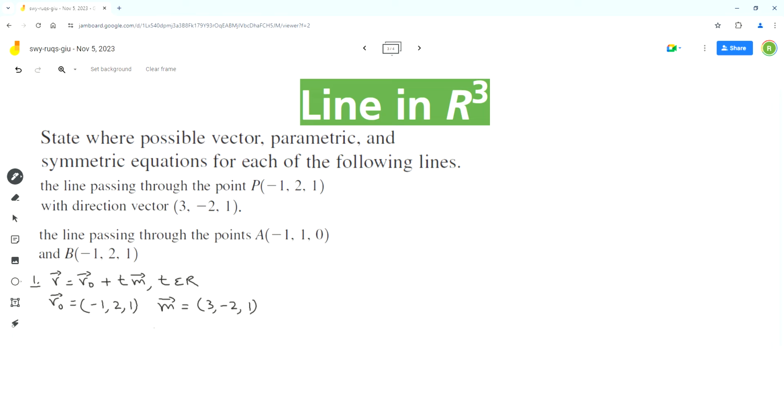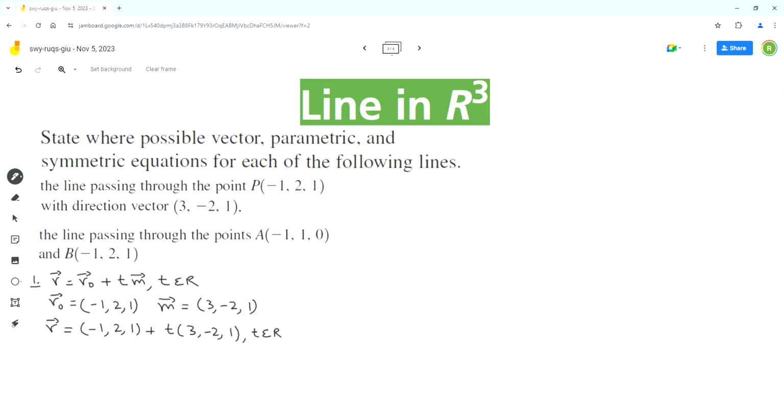Now we can sub in these vectors in the general equation. So this is the equation of the line in vector form.